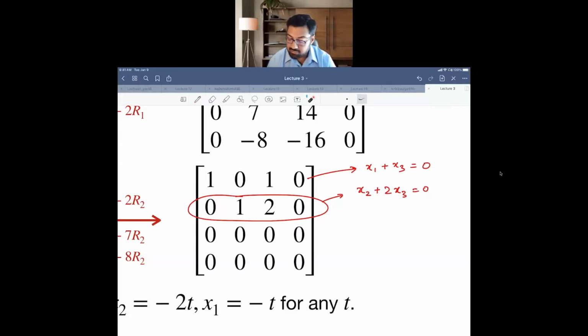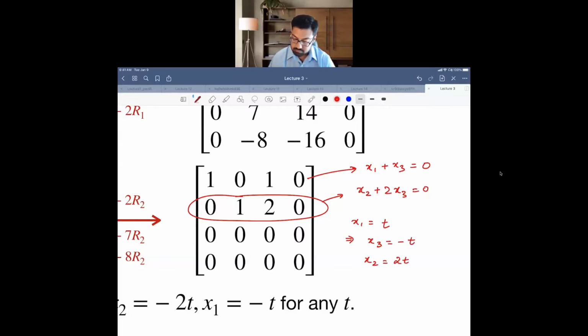Clearly, for any value of x1 you pick, you will get x3 to be the negative of that. So let x1 be t, some arbitrary value t. Then you get x3 to be negative t, and you get x2 to be 2t.